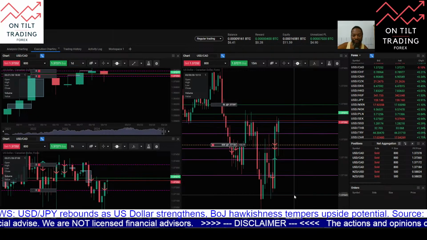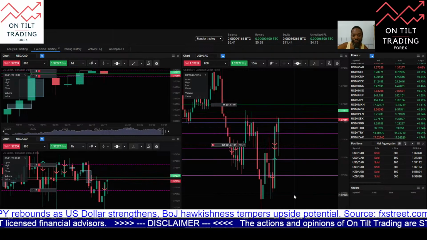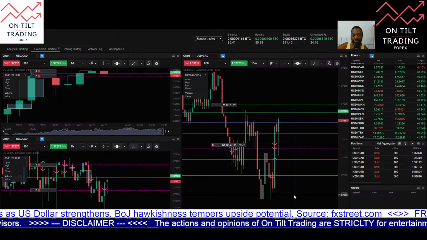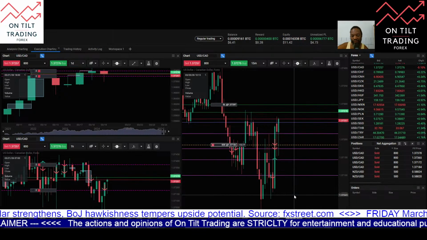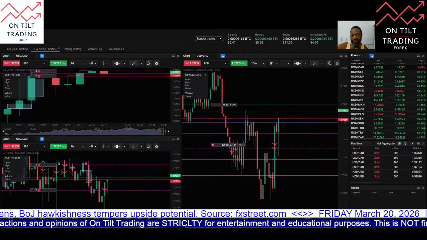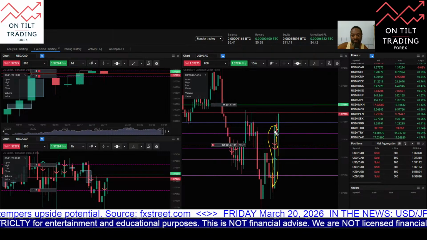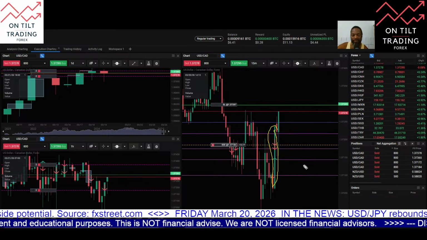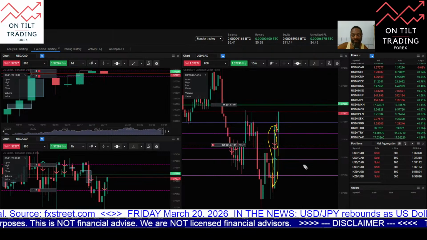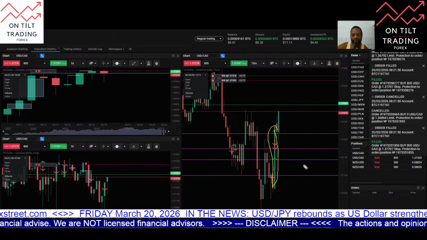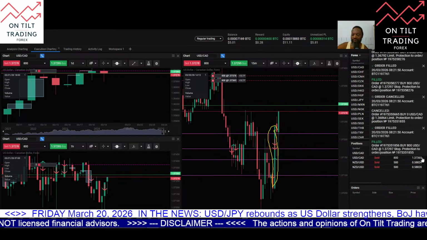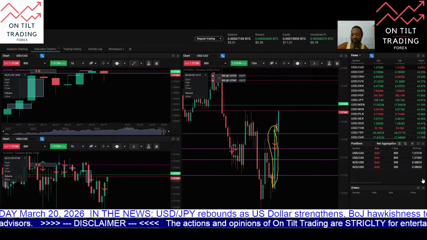Seemingly a bit range bound here, but definitely bullish. You can see this candle here. Stop out. Alright. Stopped out.